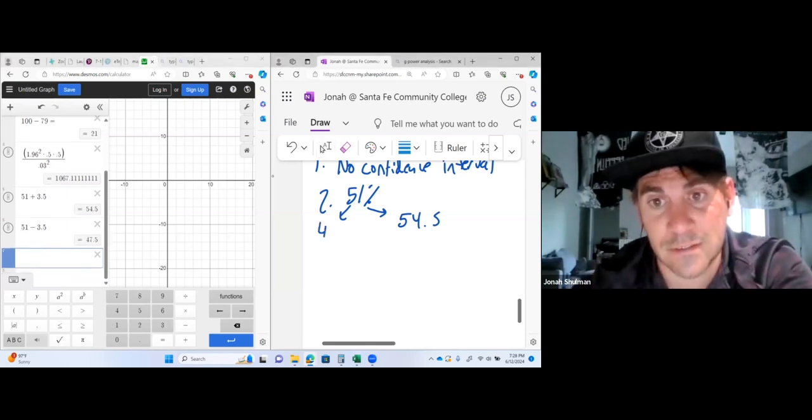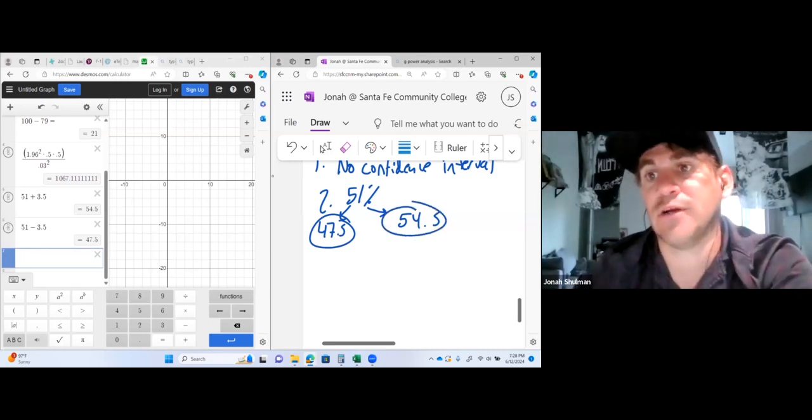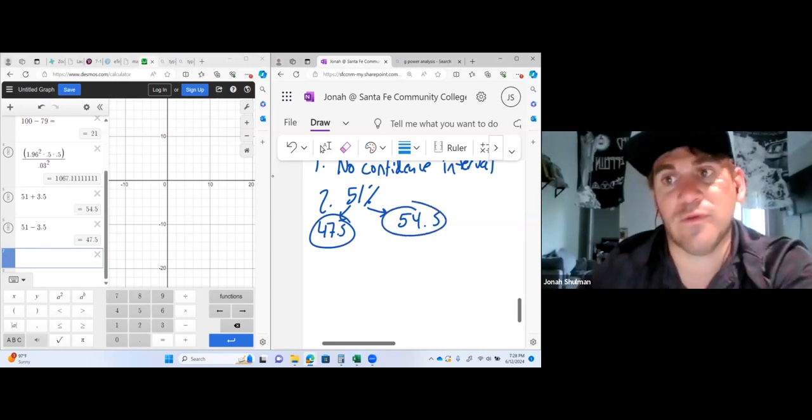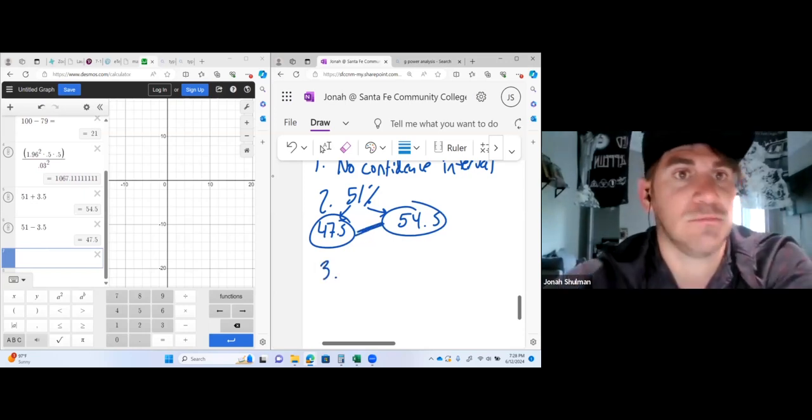So really, we're between these two numbers because there's error. Even though it said 51% approve, it's really between these two. That's what it means. All right, let's jump to 3.